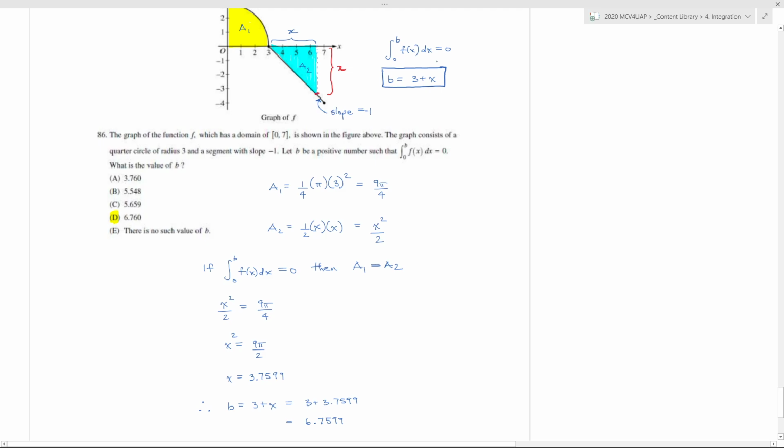So it's 6.7599. So what that means is if I started at 0 and I integrated all the way over to 6.7599, the value of that integral would be 0. So the answer is D.